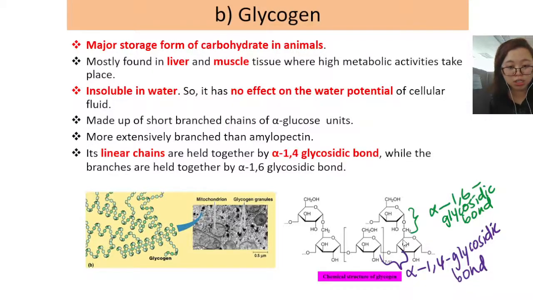While the branches, the cabangan, is held together by alpha 1,6 glycosidic bond. So, kamu tengok di sini, alpha 1,6 glycosidic bond. Nampak macam susah, tapi actually dia senang saja. Kalau dia dengan orang di sebelah, dia adalah 1,4. Kalau dia dengan orang yang di atas atau di bawah, dia adalah 1,6.